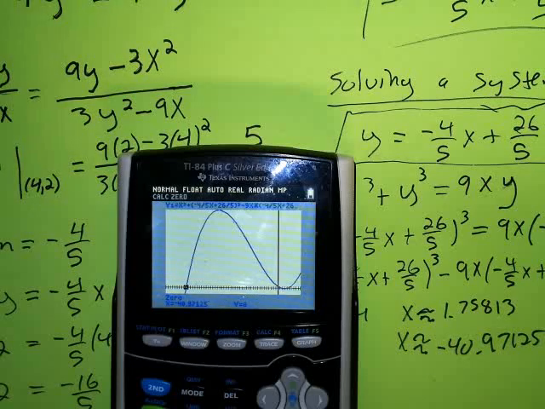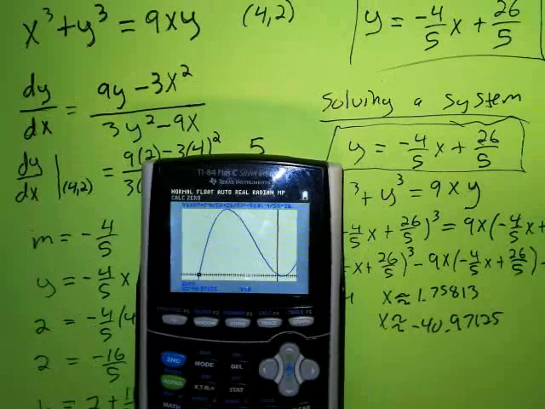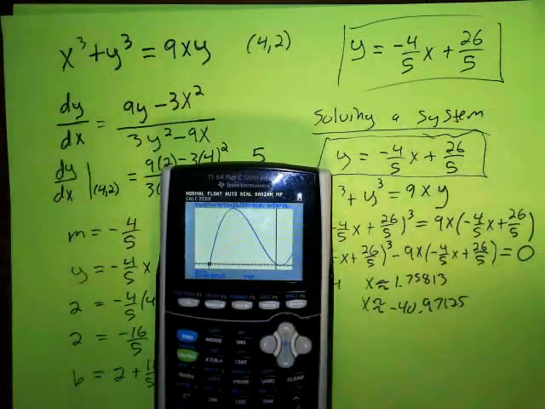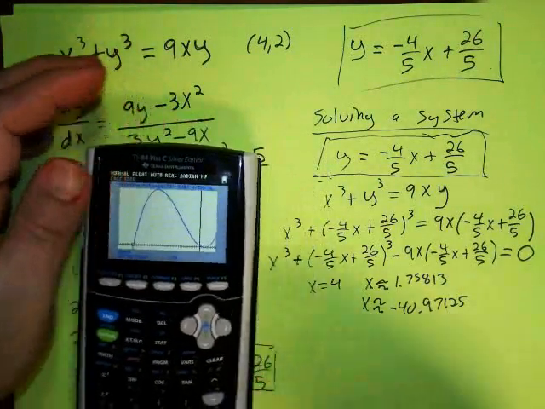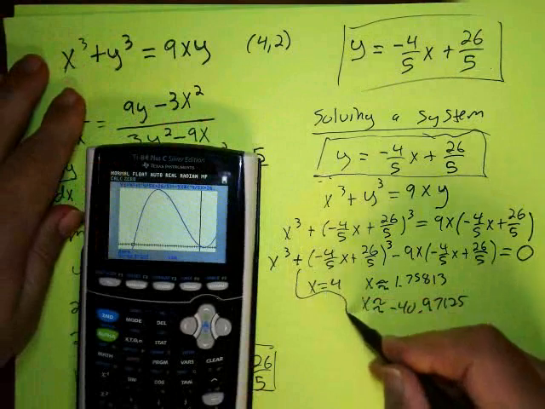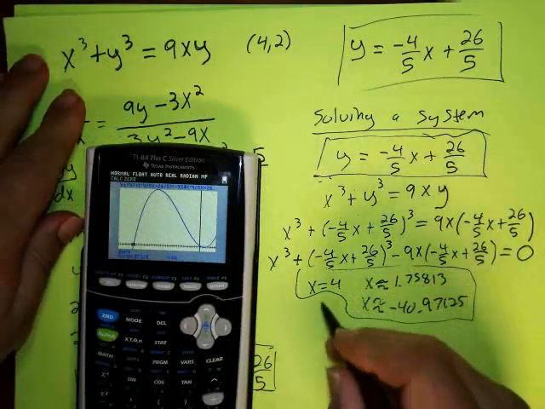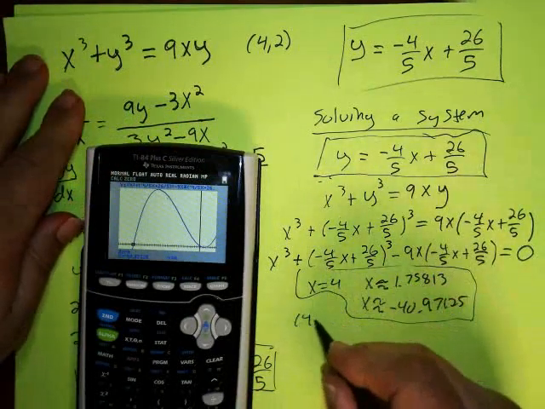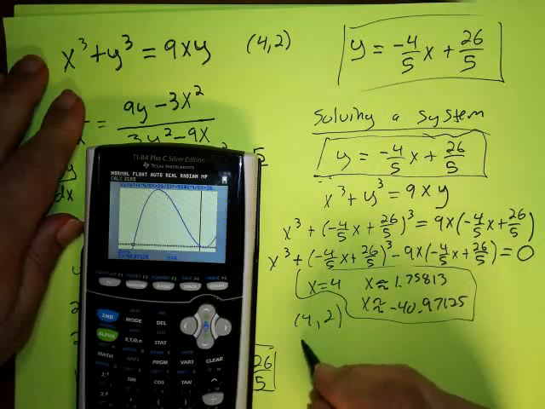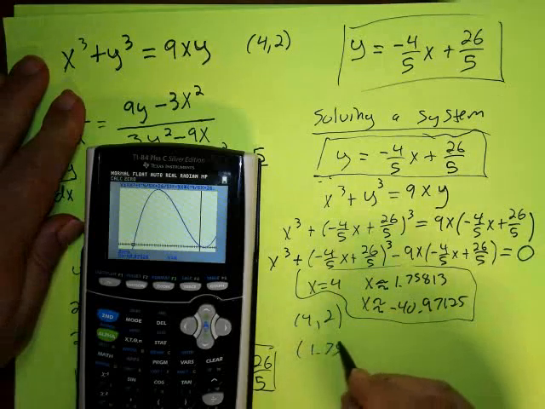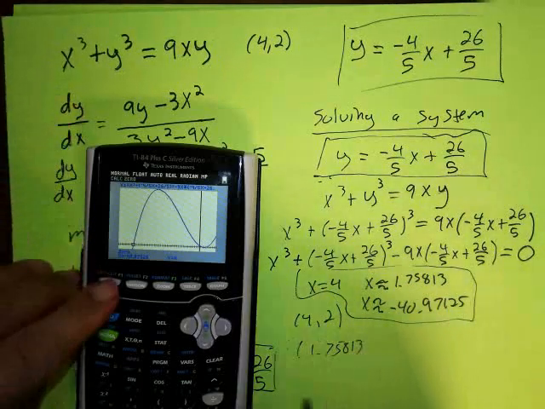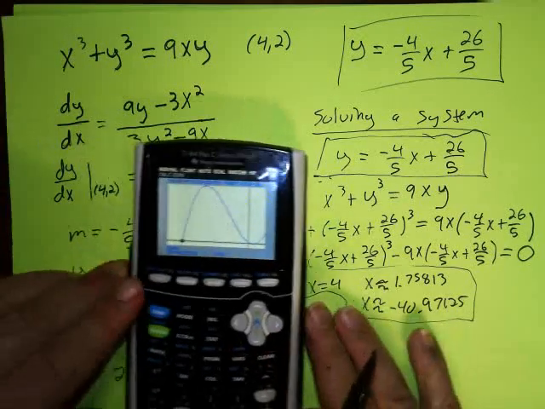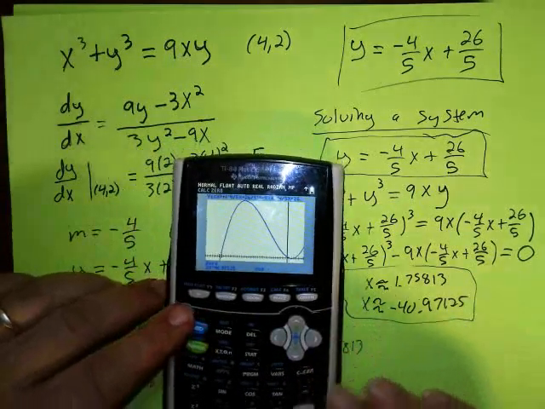Now I'm going to zoom out here, or is that zoom in? I think I'm zooming, hopefully I'm zooming out. And so what I want to do is, these are the 3 points, x points, where it intersects the graph. So one is 4, 2. Another one is 1.75813, and then I'm going to get my calculator and plug that in.